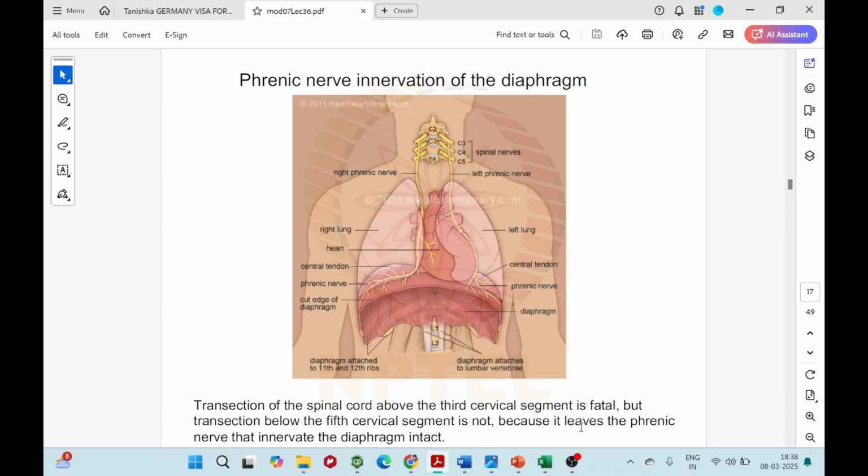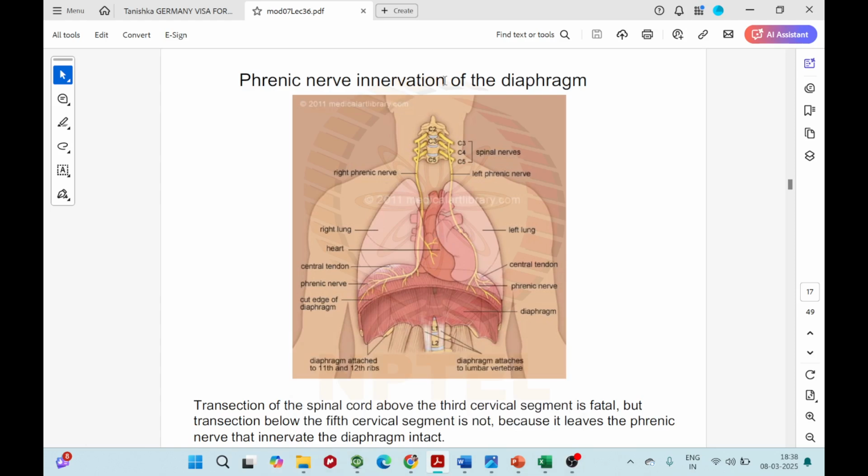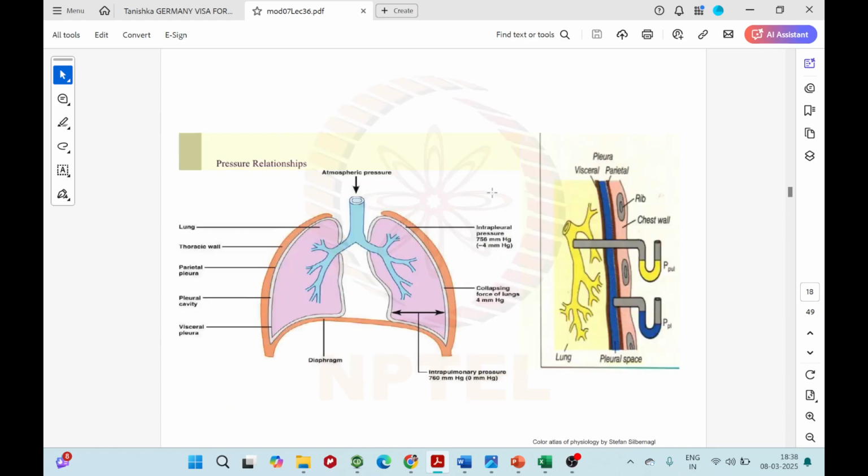However, if it is above that, it is fatal because it will damage the phrenic nerve. Below the fifth cervical segment it leaves the phrenic nerve that innervates the diaphragm intact. So any transection above C5 is fatal; below C5 it's not fatal.